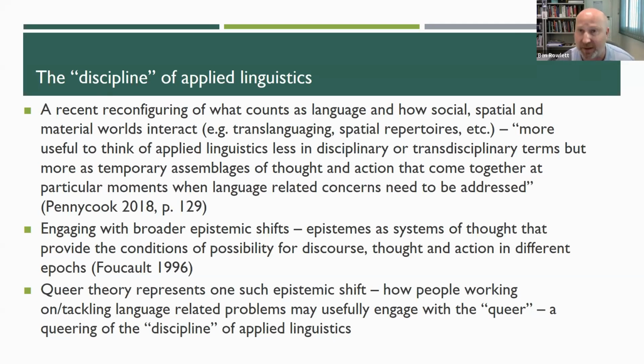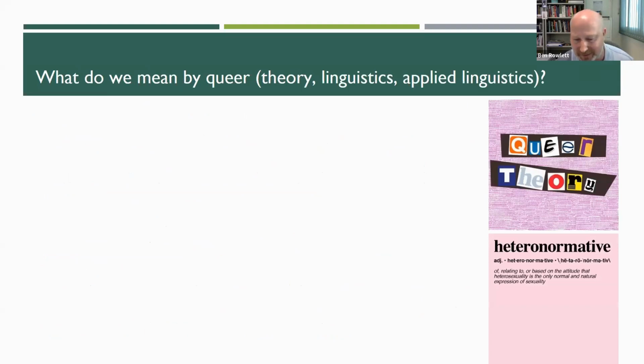So let's unpack this a bit by asking what is meant by the term queer, and more specifically, how this term relates to theory, linguistics, and of course, applied linguistics. And again, I'm not going to really go into much detail here, despite the complexity of the topic, but I hope I can provide a basic understanding of the term queer or queering at this time.